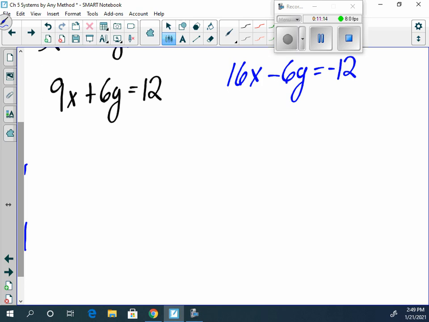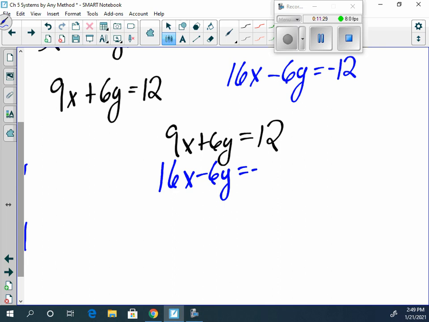Okay. Now what I'm going to do is put the equations over the top of each other. So 9x plus 6y equals 12. Now, if you're wondering why I put a certain equation on top and one on bottom, it doesn't matter.